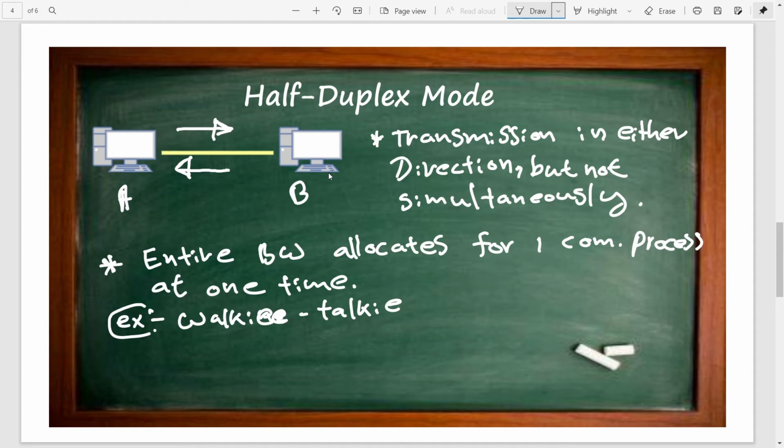An advantage of this kind of transmission mode is that we can do error detection. It's a major advantage of this kind of communication system, because after A sends data to B, the data can be lost in the middle of the process.